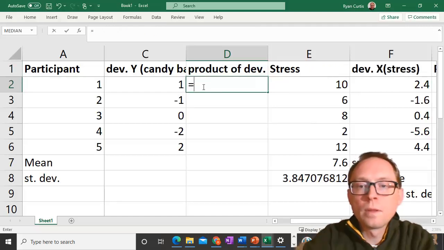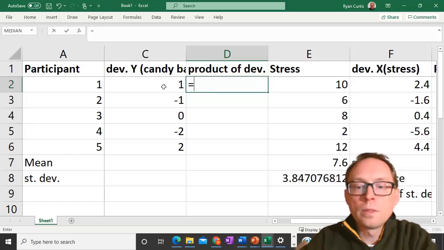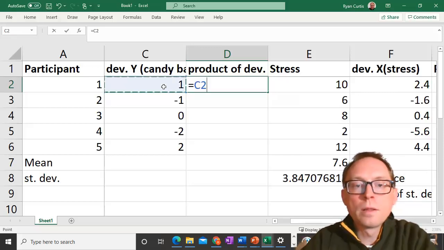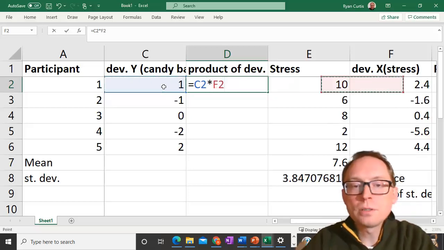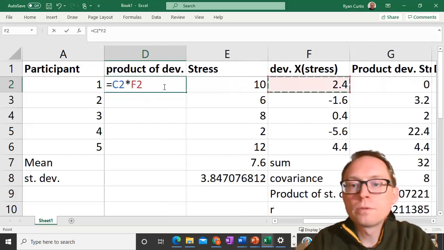So this is going to be the deviation of candy bars times the deviation of stress. We'll go back.